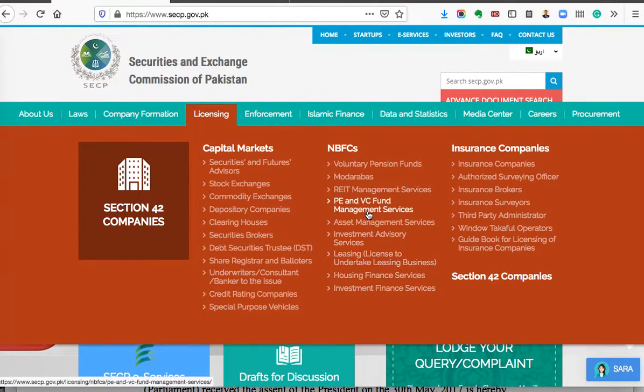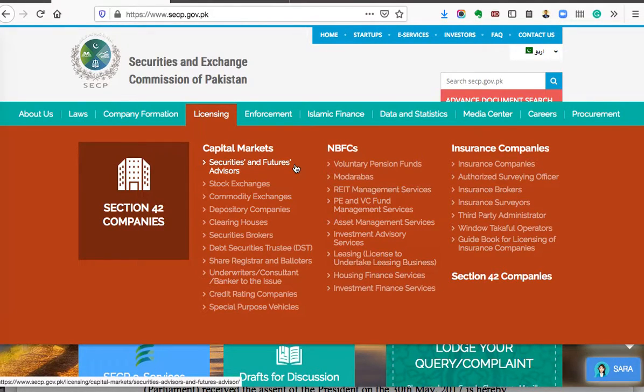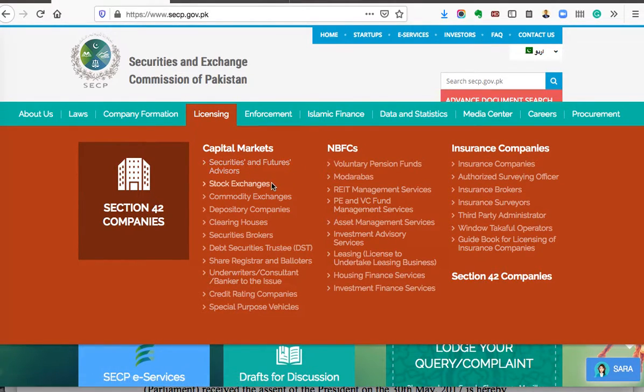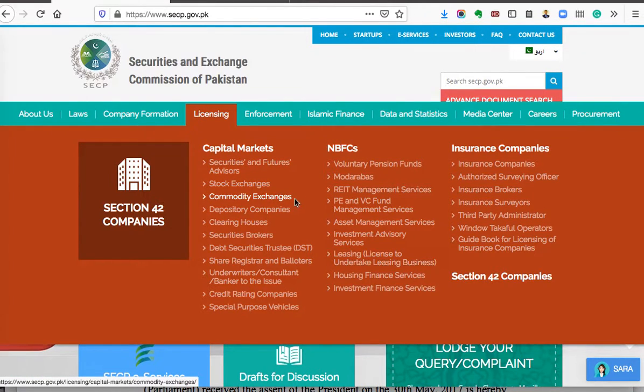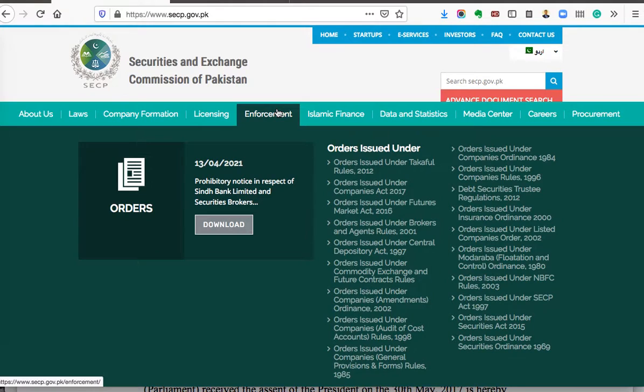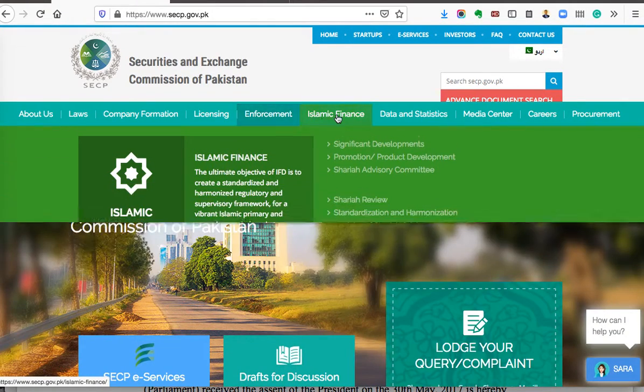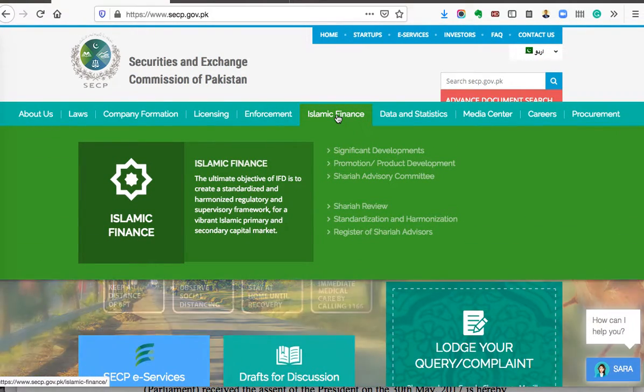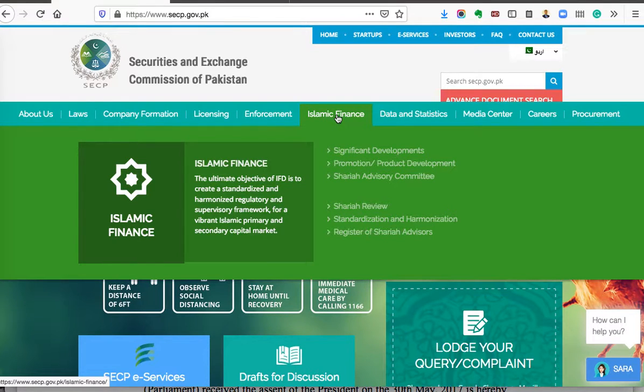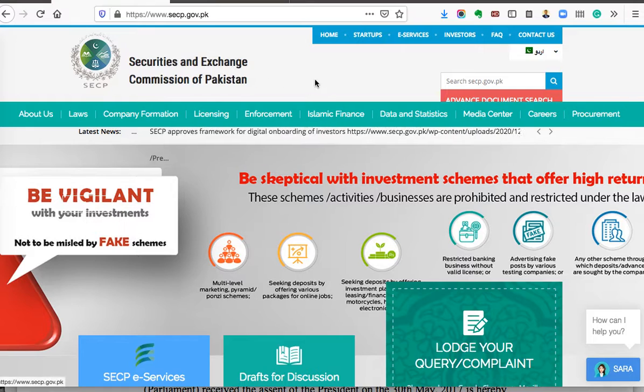And these other companies also, you have to register with the SECP. And in these companies, the memorandum and articles will allow you to open and maintain a stock exchange, a commodity exchange, etc. Other than that, there are other enforcement and Islamic financing options that if you get into, you have to register with the Securities and Exchange Commission.